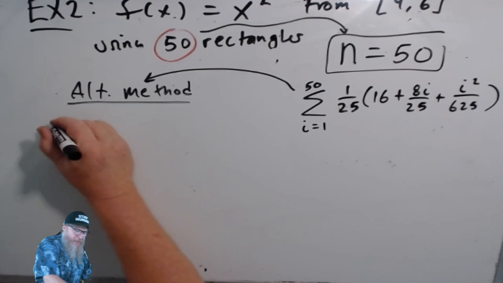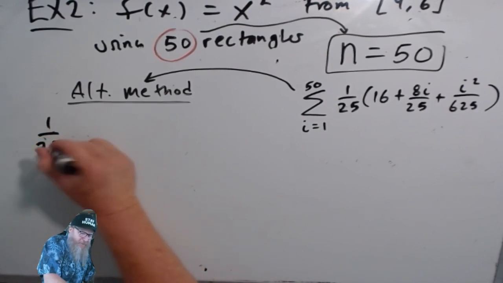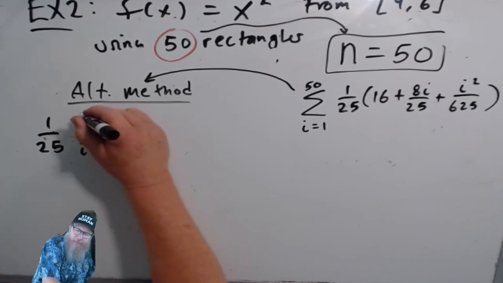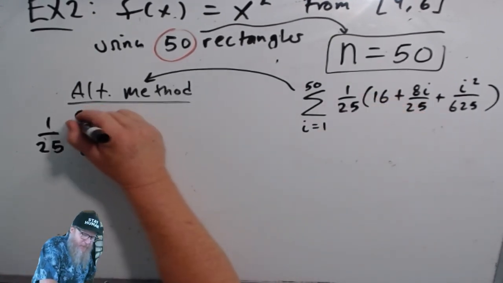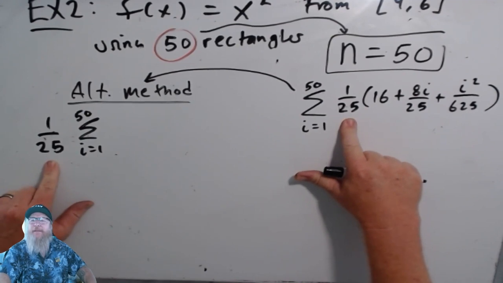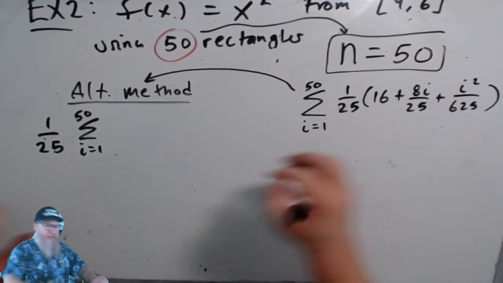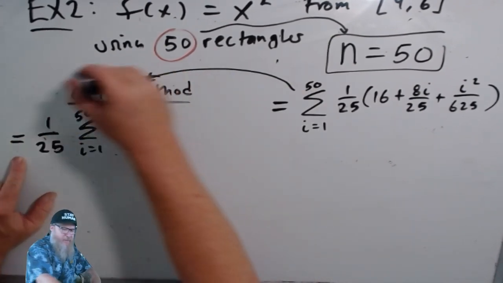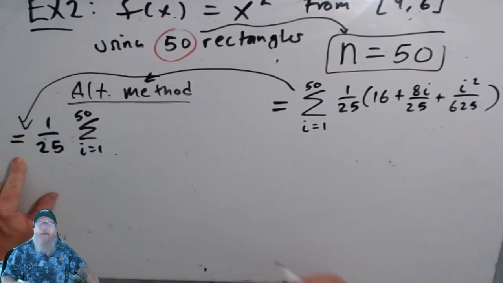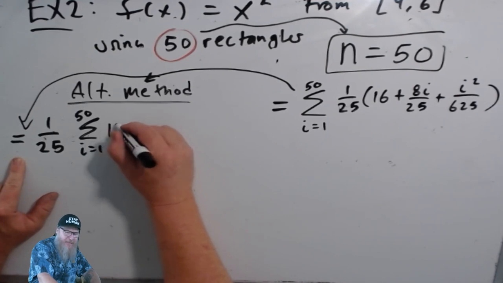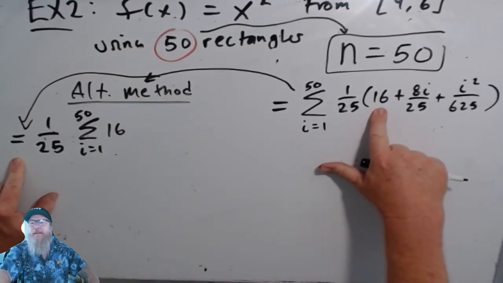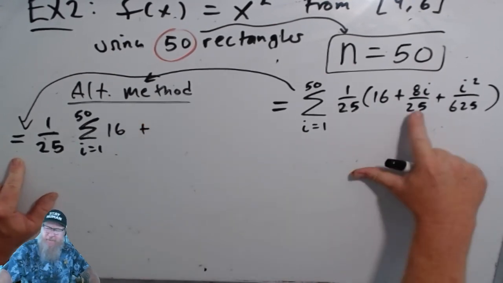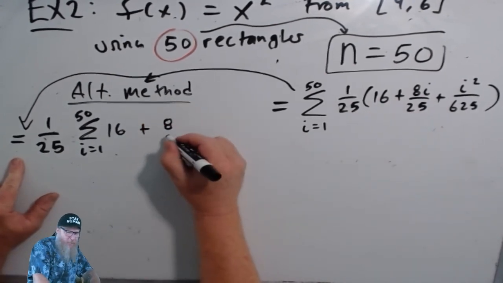I'm going to pull out the 1 over 25, pull the delta x out to the front. I'm just bringing my equal sign over to here. And then I'm going to do the sum of 16, just thinking of 16 as the constant.